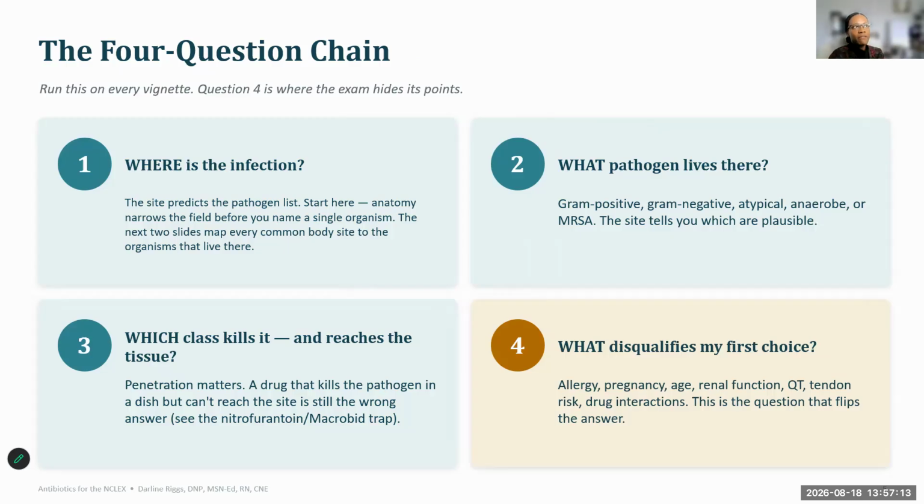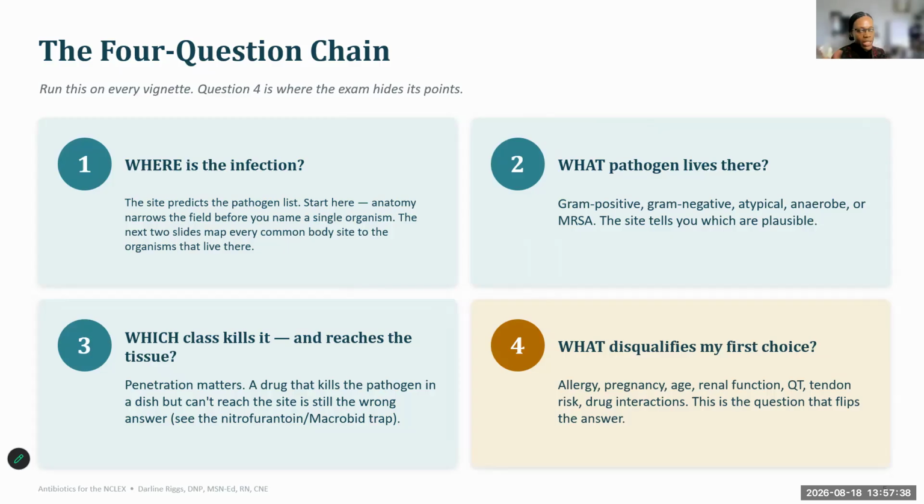The site of the infection is going to predict what pathogen would be in that area. So you want to start there. So the anatomy alone, is it the skin? Is it an ear? Is it a lung? Is it the throat? Where is this infection? So the anatomy narrows the field where you name a single organism, okay?